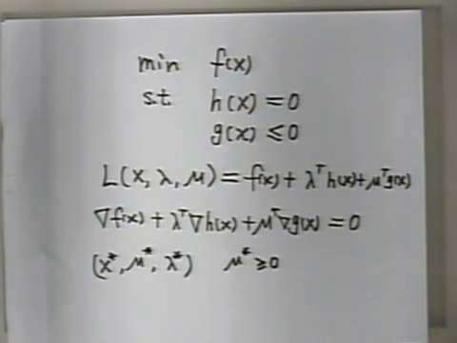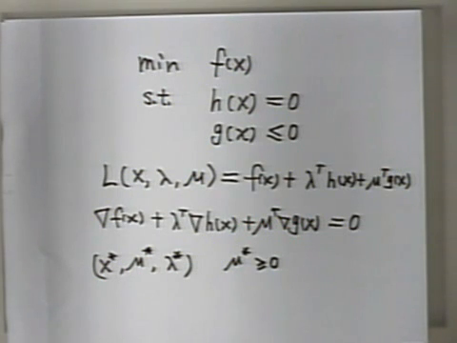And also, if the inequality constraint is active, that means what? The equality part is true. That means g of x is actually 0, right? On the other hand, if g of x is not 0, then what?